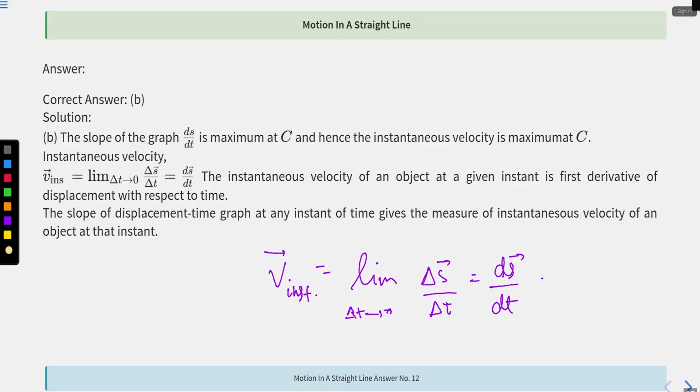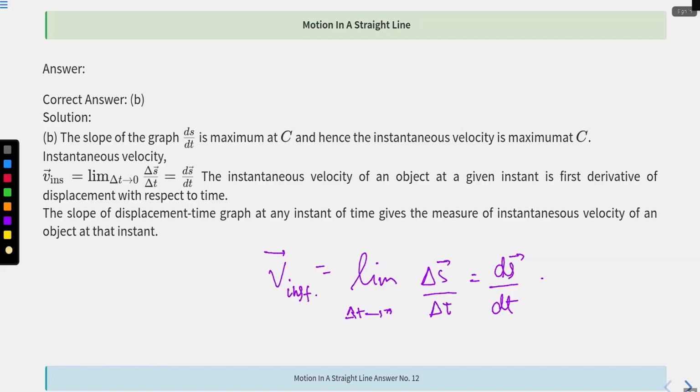That is instantaneous velocity. Instantaneous velocity of an object is given by the first derivative of displacement with respect to time. The slope of the displacement-time graph at any instant gives the measure of instantaneous velocity of an object at that specific instant. I hope this is clear.